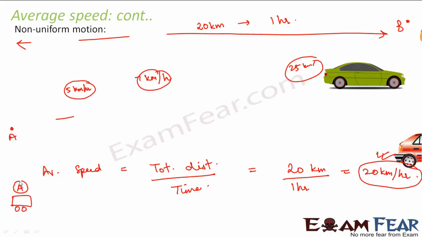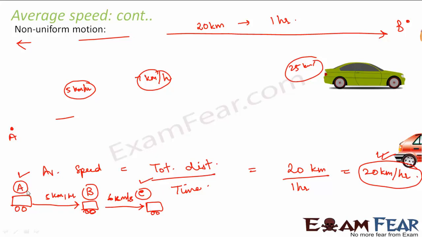The car starts from point A, goes to point B, and then goes to point C. When the car goes from A to B, the average speed was 5 kilometers per hour. Again, it goes from B to C, and the average speed in going from B to C was 6 kilometers per hour. Now, what is the average speed for the entire journey from A to C?